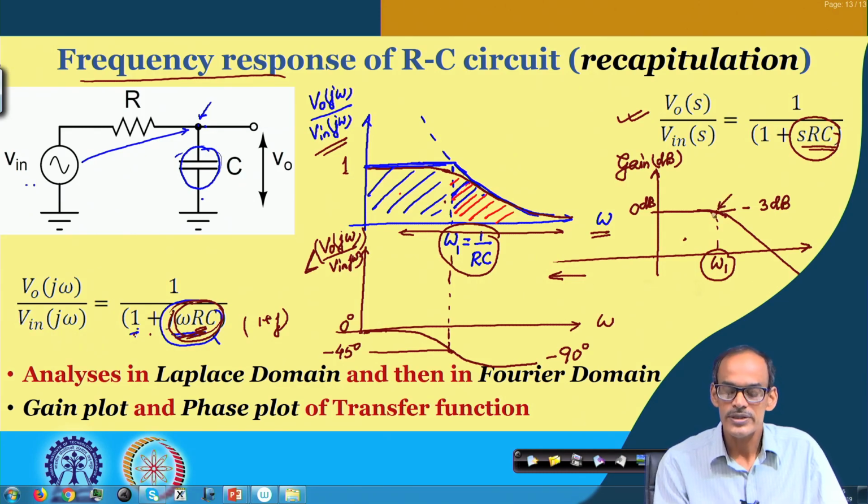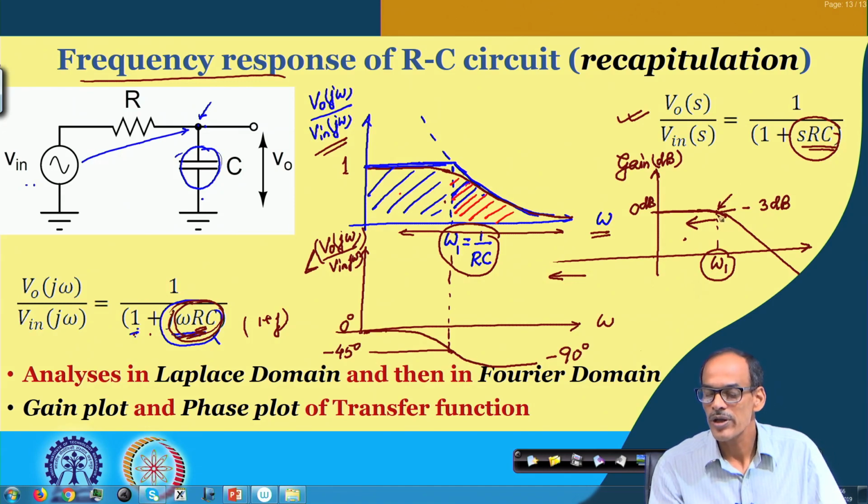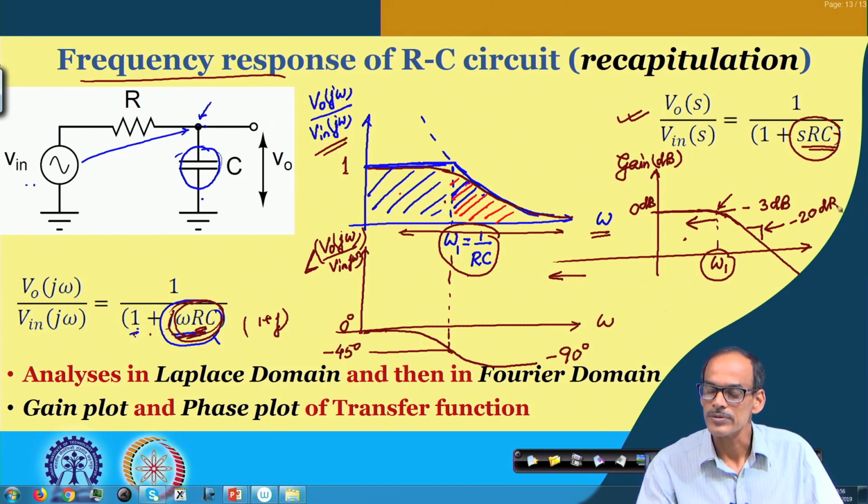In this case, at lower frequency with respect to the corner frequency, the gain remains constant, and beyond this point the roll off is linear, and mathematically it can be shown, or you may already know from other subjects, that the slope of this gain variation with omega is minus 20 dB per decade.